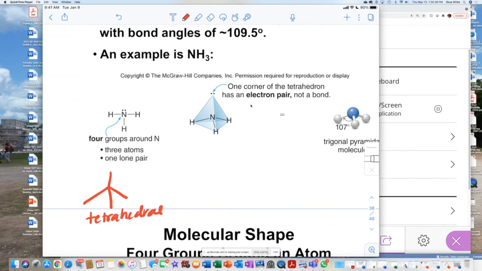And then of course, when you go from 4 groups where all of them are bonds into 4 groups where you have the lone pair. So 3 bonded groups and then 1 lone pair. The remaining shape we see here is trigonal pyramidal because it looks like a pyramid.